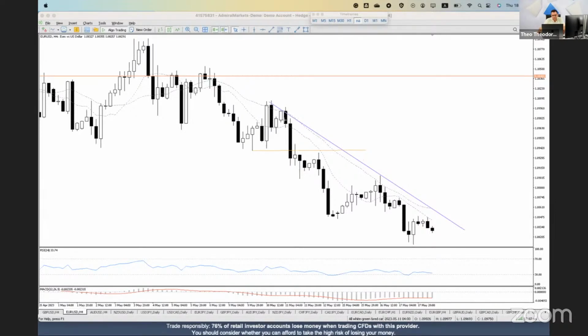So in this case, let me show you here. We have 1, 2 touches. I'm not taking this as a touch because the lower started from here. So that's the 1, 2 touches. We can draw a trend line.